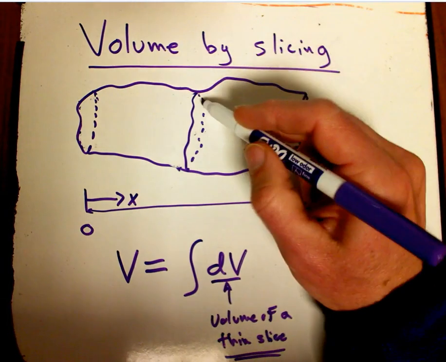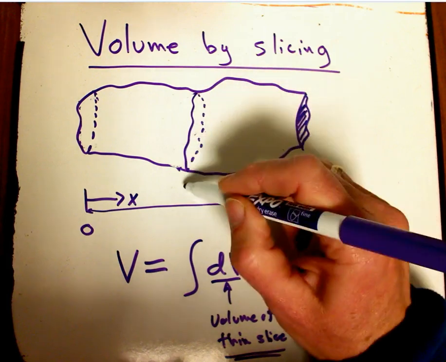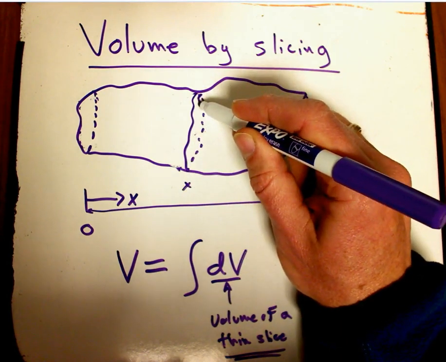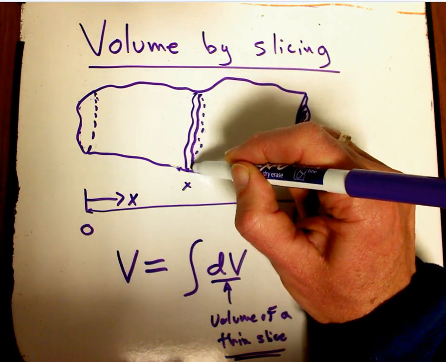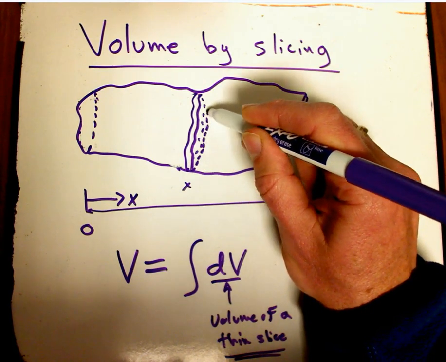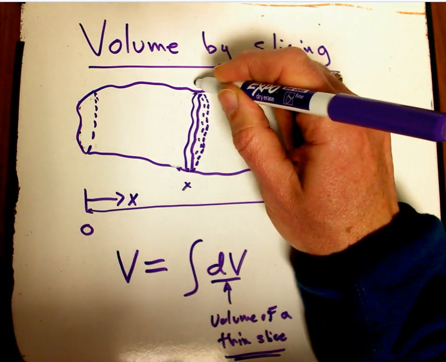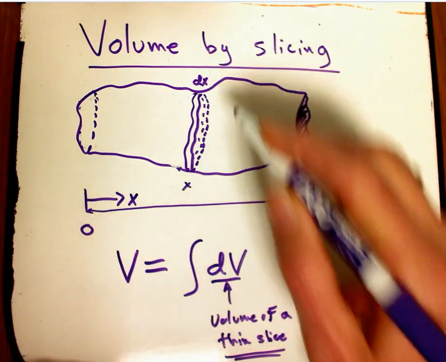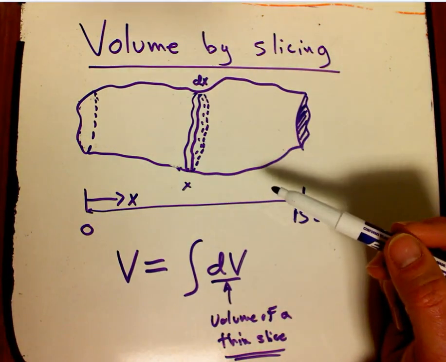So the idea there would be to take a typical x value here and then slice this. I'm purposely making it a weirdly shaped object, but slice it with some infinitesimal width slice dx.